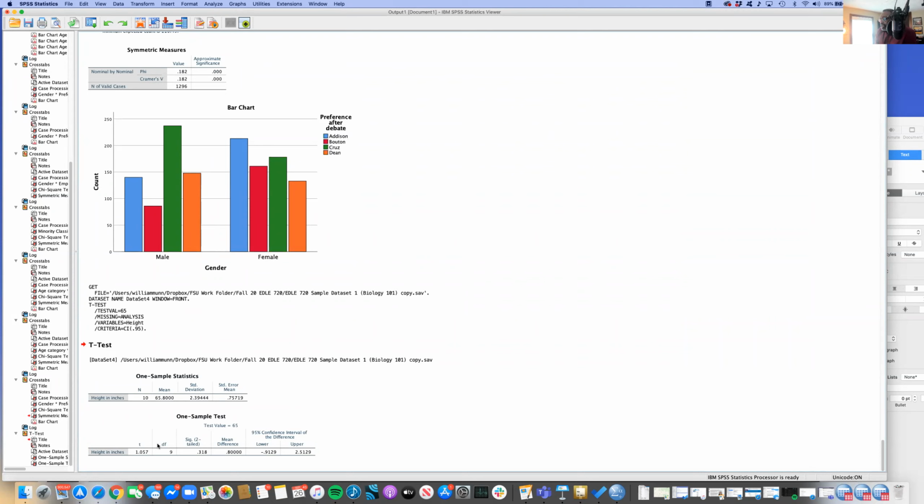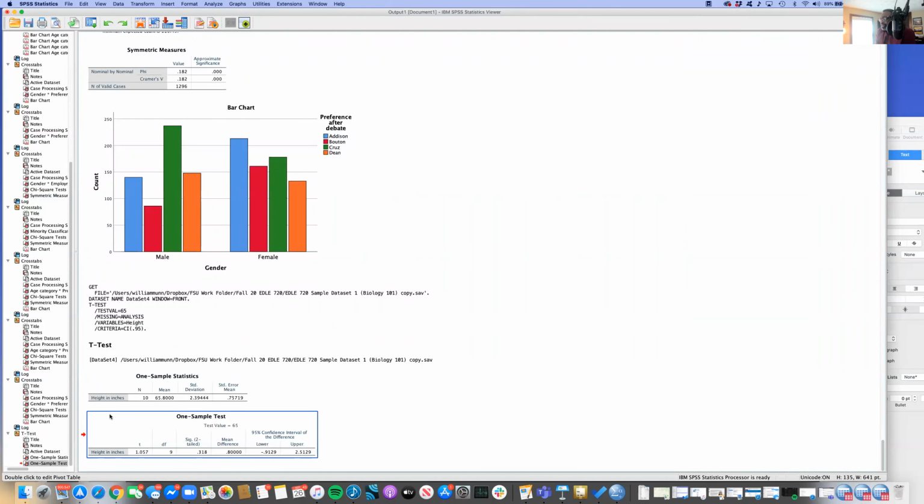But the first thing we're going to do is go down here to the one sample t-test output, right? And we're going to see here that the significance level is what? 0.318. Is that higher or lower than 0.050? Higher. Right.